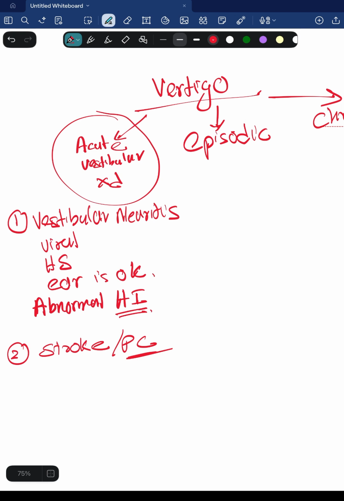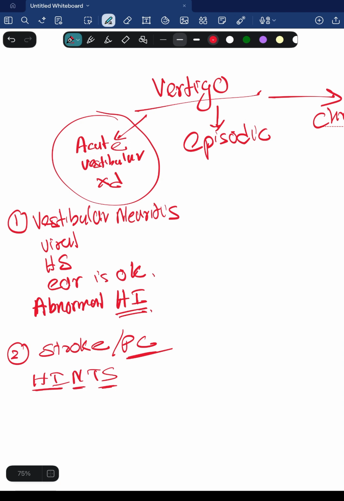And something to note here is the HINTS test. HI is head impulse, which we already talked about. The other one is direction changing nystagmus. And the other one is test of skew.